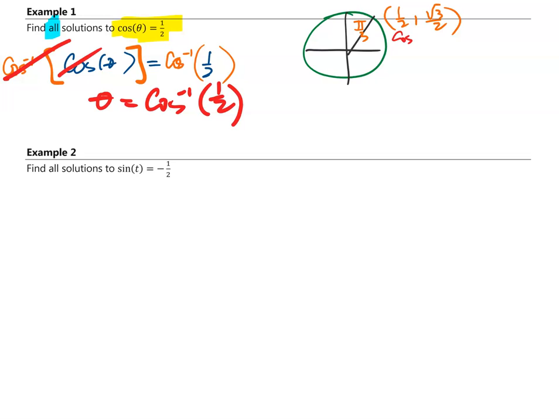Same thing with 5 pi over 3, because the coordinates are 1/2 and negative square root of 3 over 2. So this is also cosine. So you can say that theta is equal to pi over 3 and 5 pi over 3.